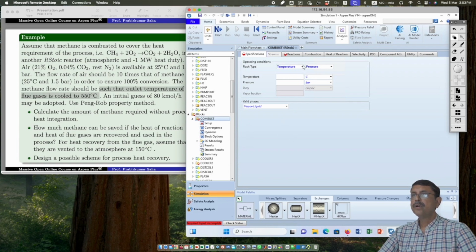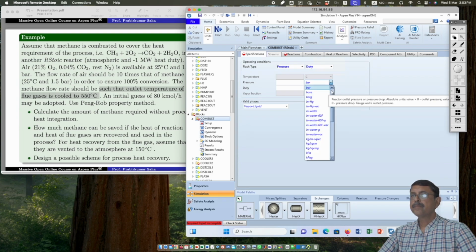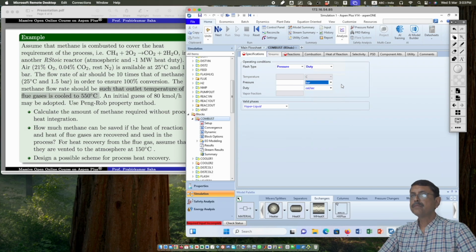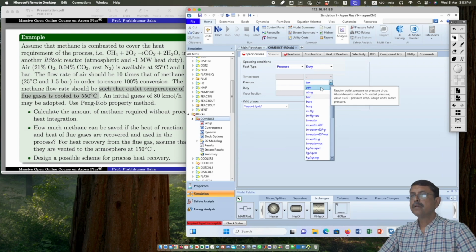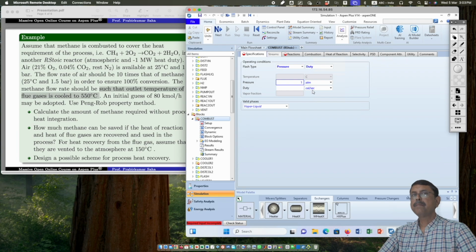So we do not have temperature, rather we have heat duty. And atmospheric pressure, so 1 atmosphere pressure, and heat duty is 1 megawatt, right? So it is -1 megawatt rather.